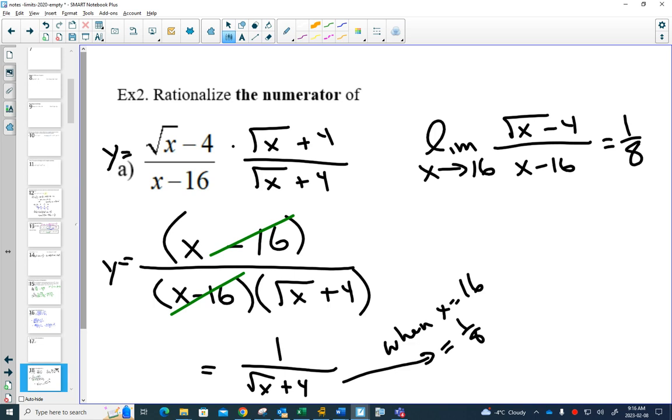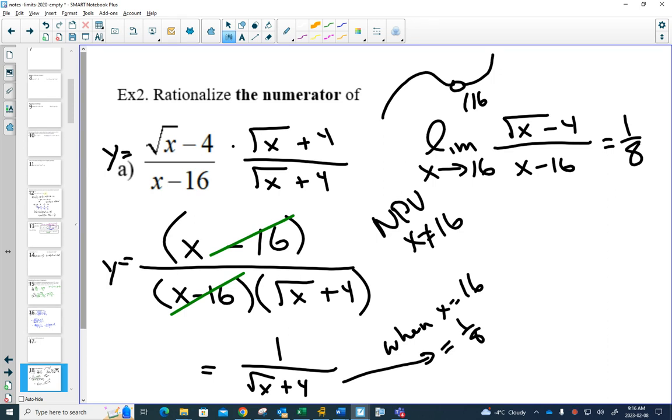When you had a non-permissible value, x can't equal 16, but you were able to cancel out. You got a hole in your graph or a point of discontinuity. So your graph looks something like this. Had a hole. And that hole would have an x coordinate of 16, because that was the non-permissible value that canceled out.